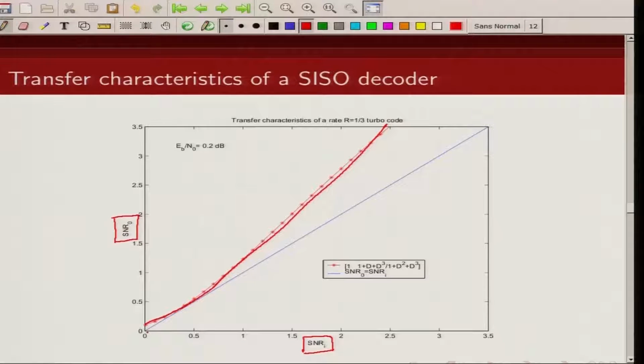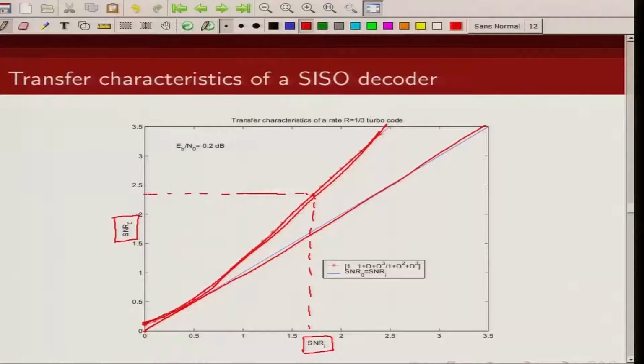So, initially I do not have any a priori knowledge, and this is the amount of extrinsic information which is generated. This transfer characteristic will tell me, if I have a particular input a priori information, what is the corresponding extrinsic information SNR. And for comparison sake, I have drawn this line which is the SNR in equal to SNR out.